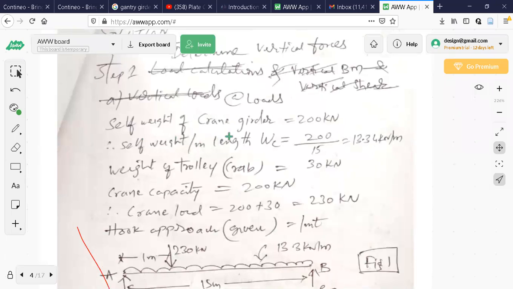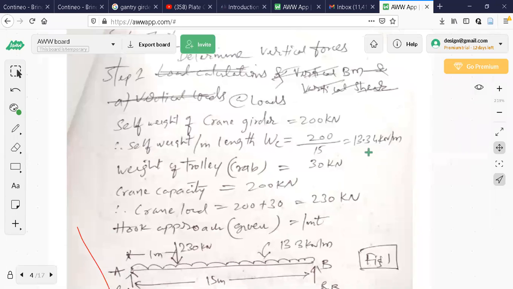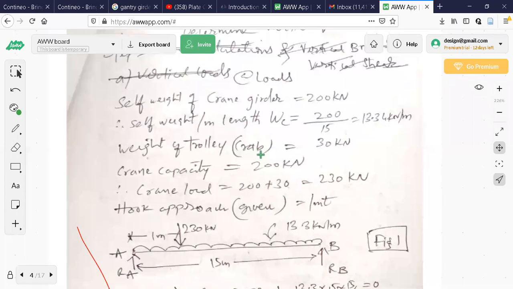Self weight of the crane girder is given as 200 kN. Self weight per meter length is 200 by 15, which is 13.3. For the entire span it was 200 kN, per meter it is divided by 15, 13.3. Weight of the trolley or crab, trolley is one and the same, 30 kN.